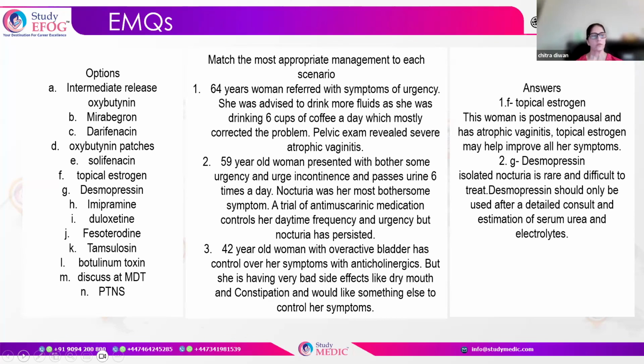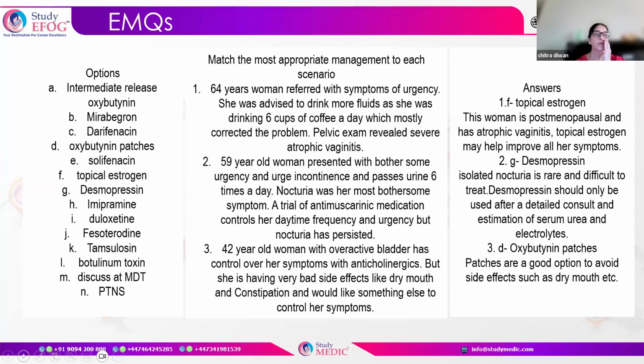What can you do for her? For women who present like this, you can offer her oxybutynin patches. So dermal patches, they can be offered, and it is seen that with the dermal patches, the side effects like dry mouth or constipation, whatever she has, those side effects are avoided. Okay.